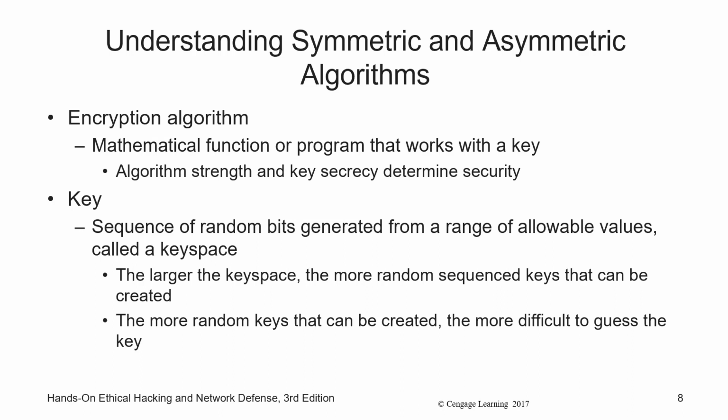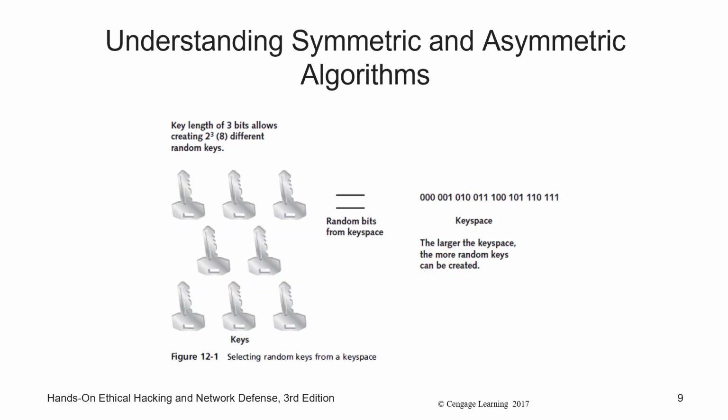The bigger the key space, and it's not just the bigger the key, the more of the key that the encryption algorithm uses for generating the ciphertext, the more random the sequence, the more difficult it is to guess that encryption. So here's an example of a random selection.